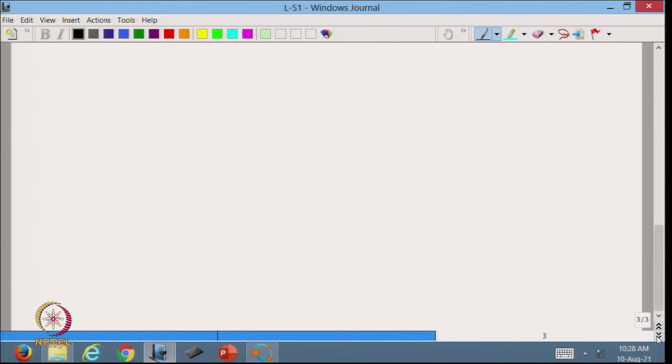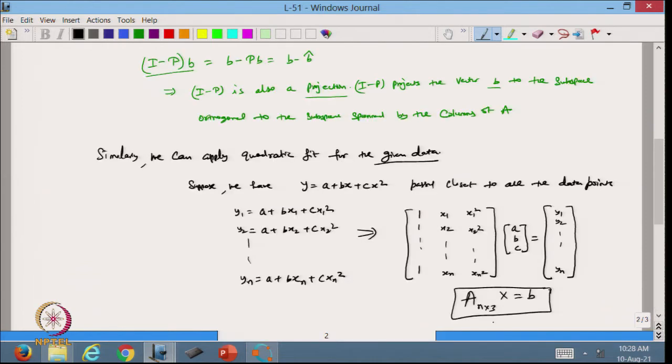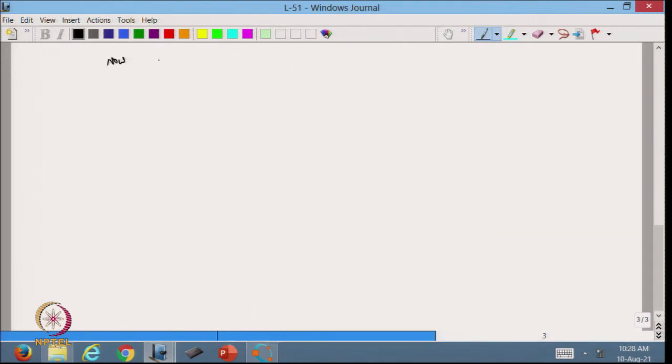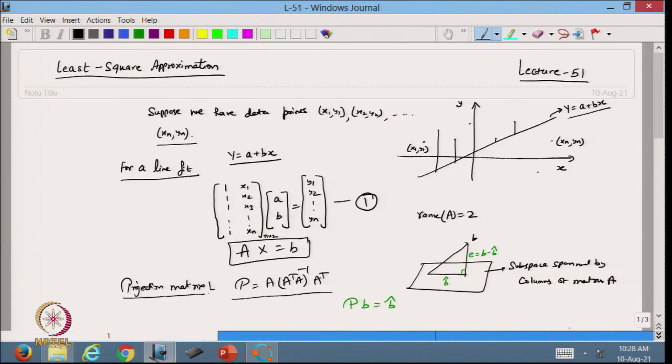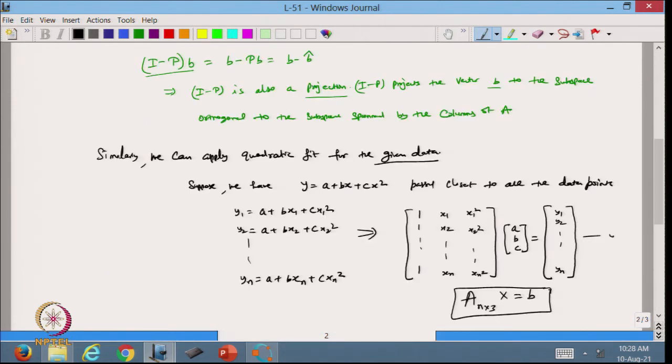Now, so this is my equation I have. Now, I know that this system, so I can say that now I call this 2.